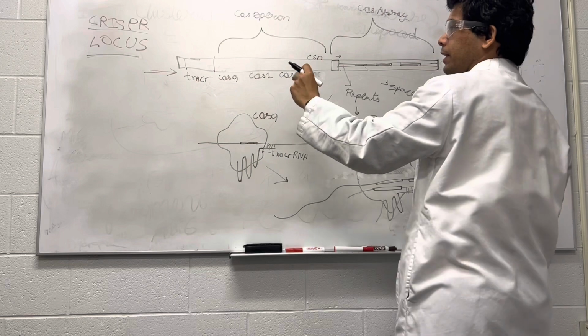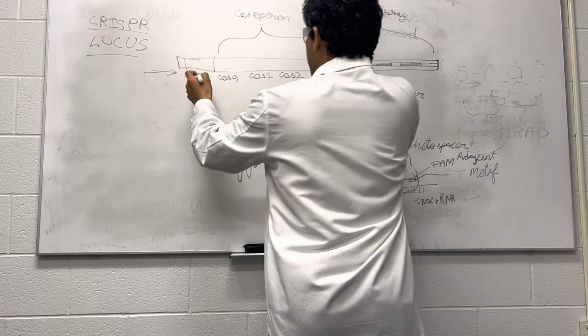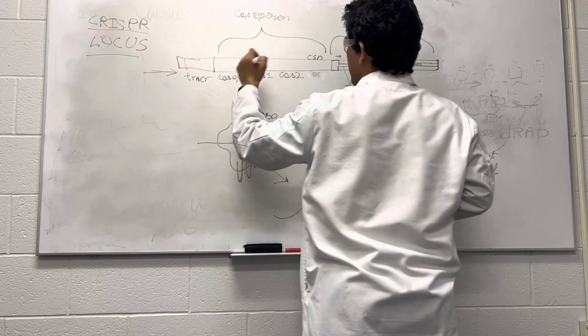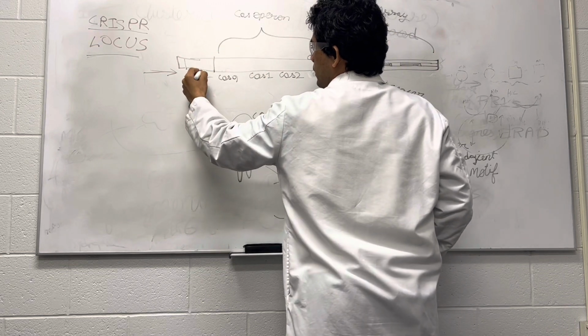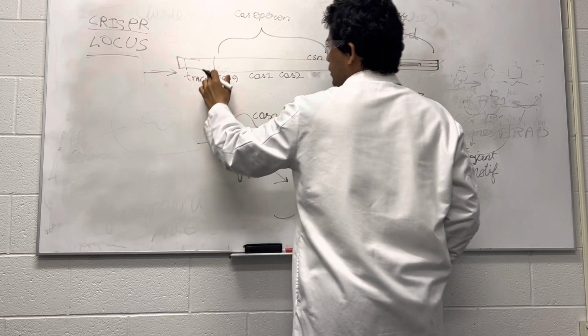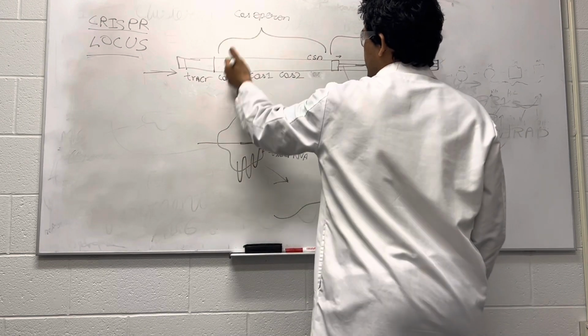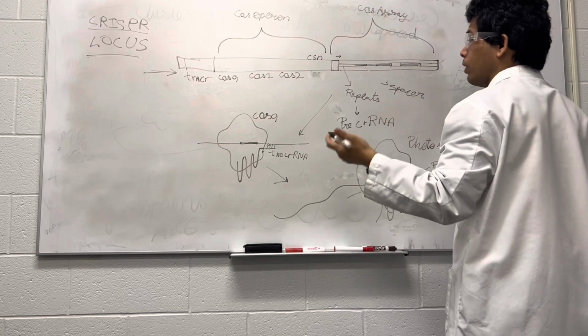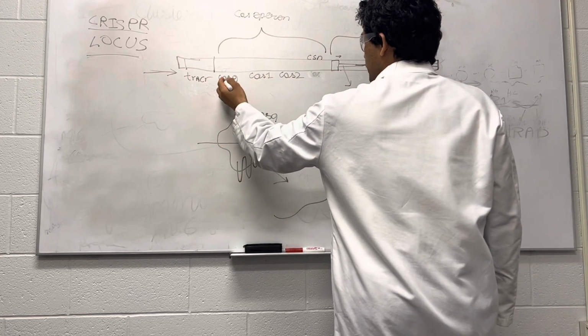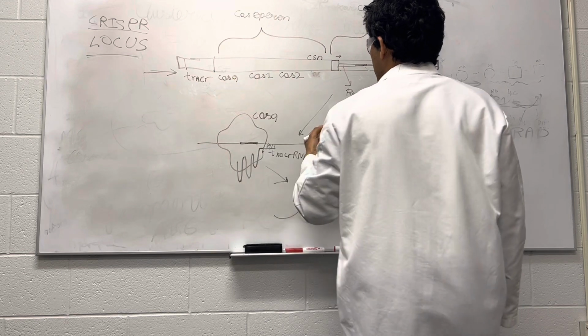You can consider this as a DNA sequence. Before the Cas operon, it has the tracer DNA coding, and in the Cas operon, it has many Cas proteins. The important ones are Cas9, Cas1, and Cas2.